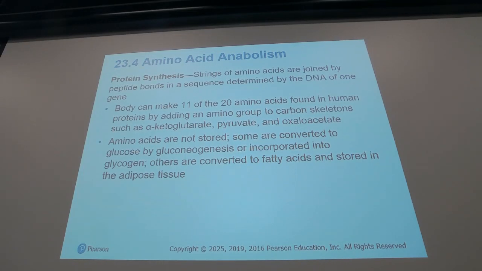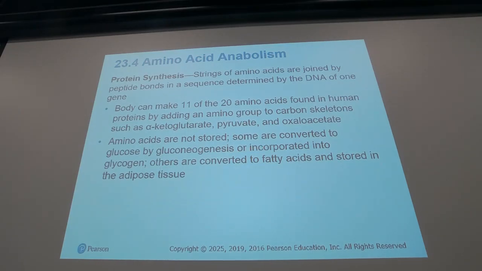Okay, now for protein synthesis. Well, protein synthesis is highly necessary in our body because our body is mainly made out of proteins. And we have 20 amino acids, 11 of them are essential.